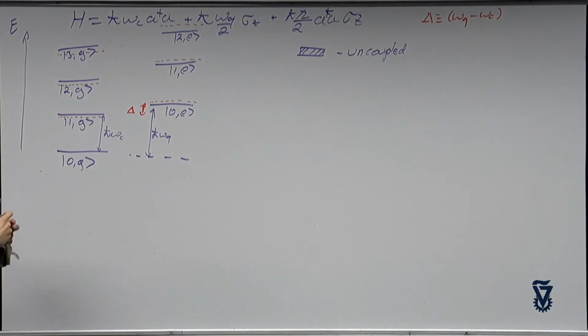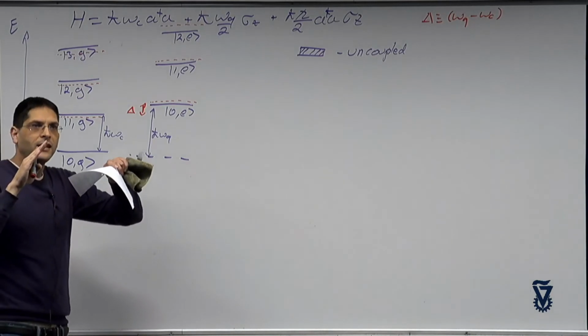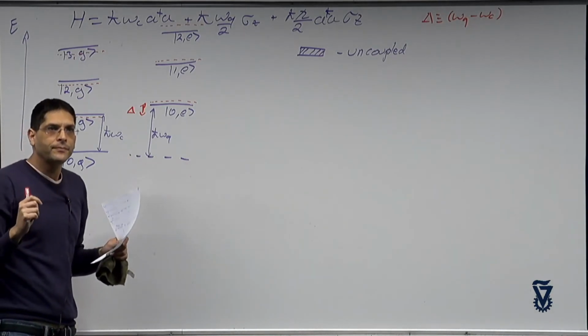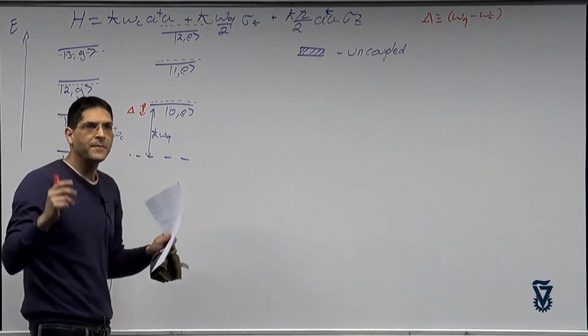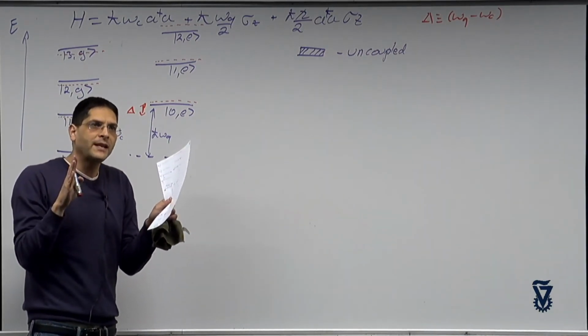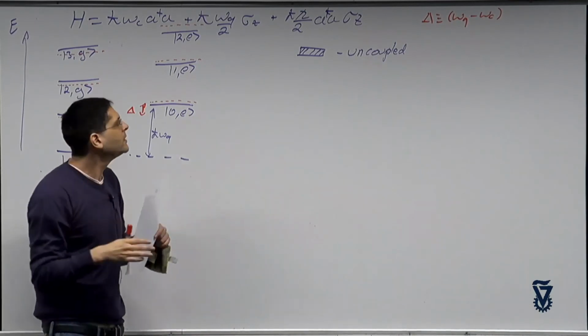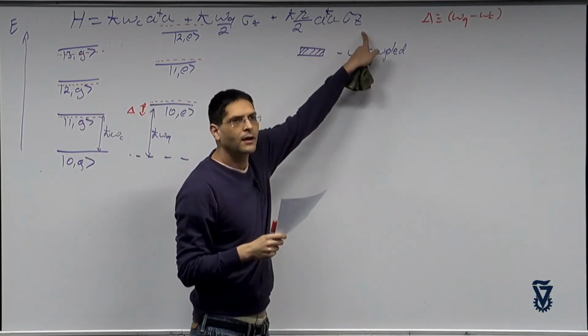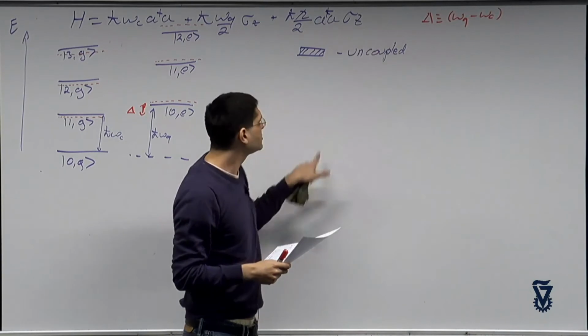So you can think of it a little bit as the atom, the two-level system, and the field are basically repelling each other a little bit, and there is some small interaction. This is the interaction term. I will elaborate on it in just a second here.